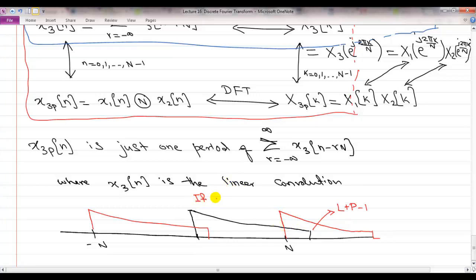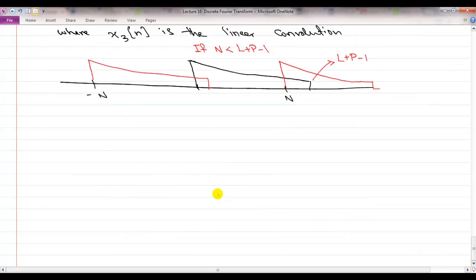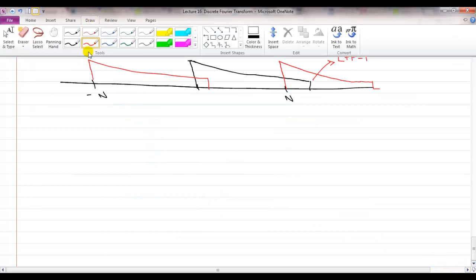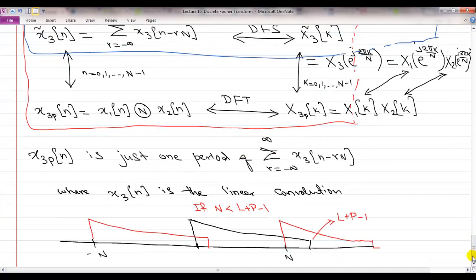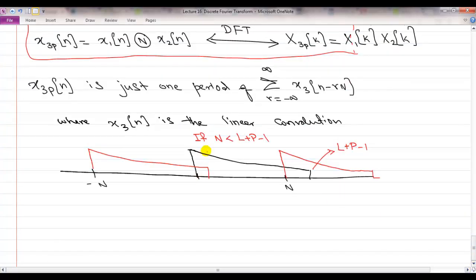If n is less than L plus p minus 1, then we will have a figure like this. And we will then look at the principal period of this thing, which is still between 0 and n, and my circular convolution will not look like this at all.